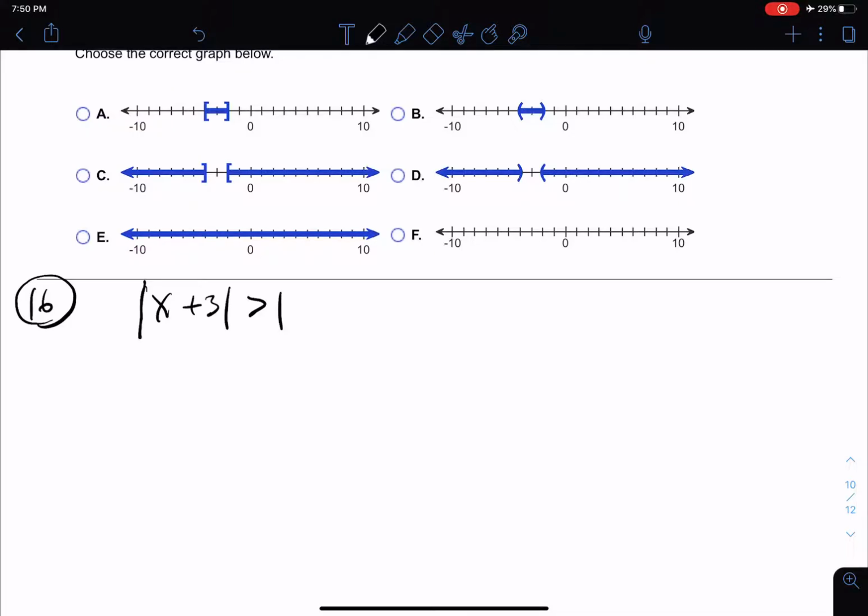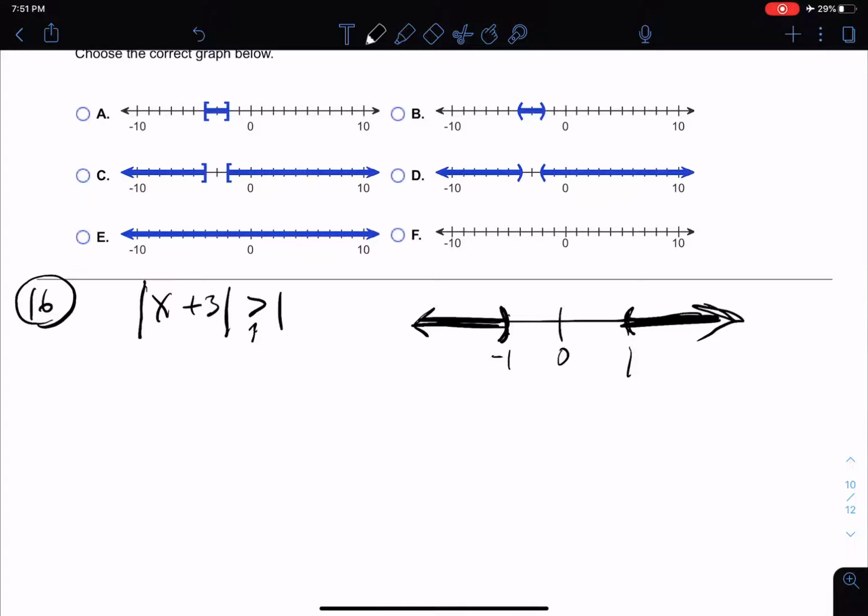Okay, so the clues here are that I've got an absolute value and a greater than symbol. So my mental picture, before we actually do the algebra, is a negative 1 there and a positive 1 there, because I know it's greater than the distance. It's going to have that look to it. That's not my final answer. It's just a guide to help me.